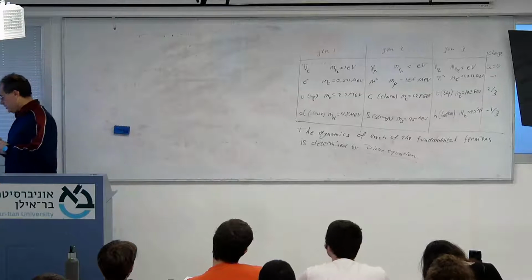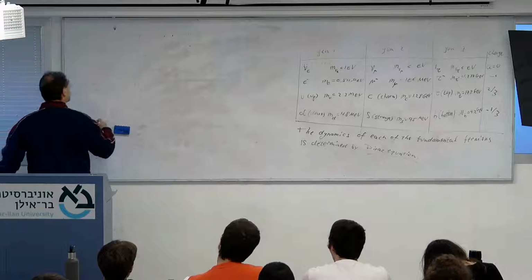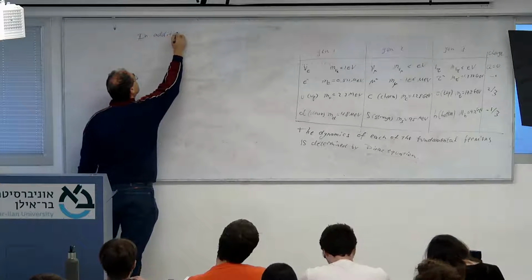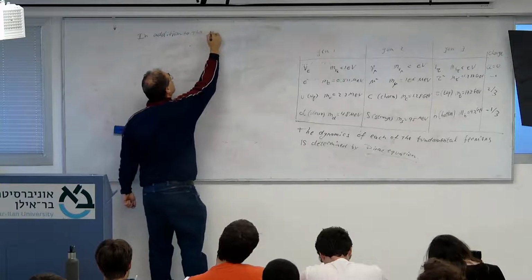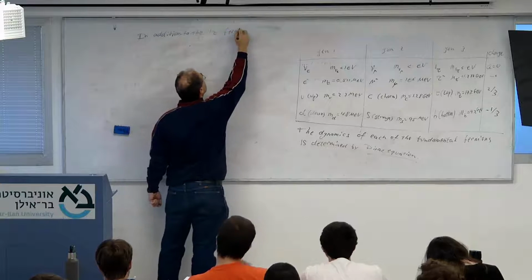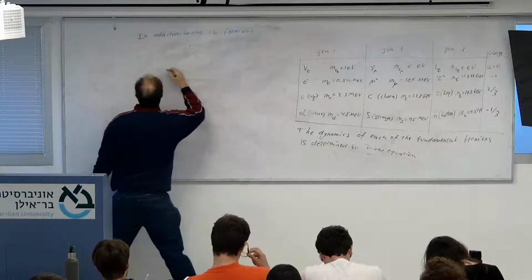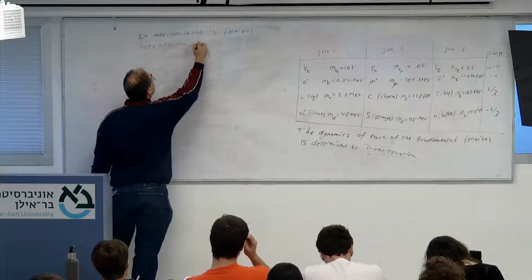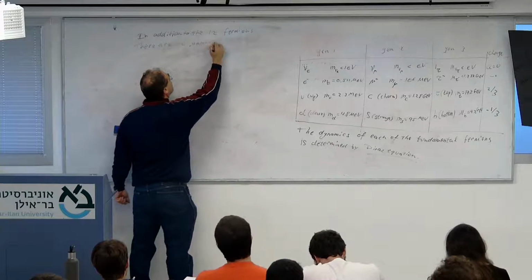In addition to the 12 particles, fermions, there are 12 anti-fermions.